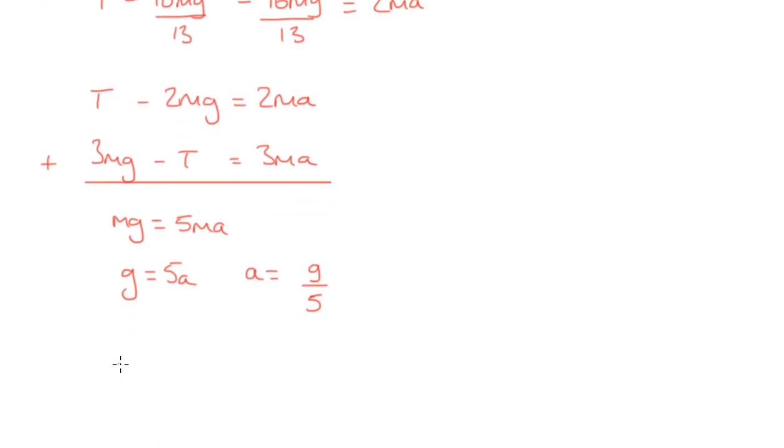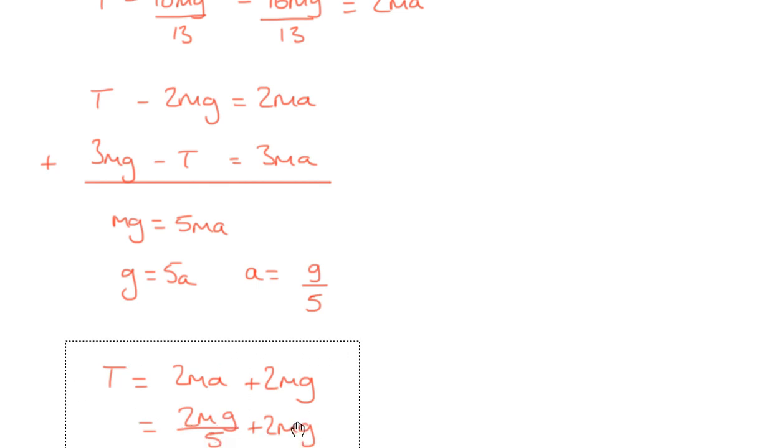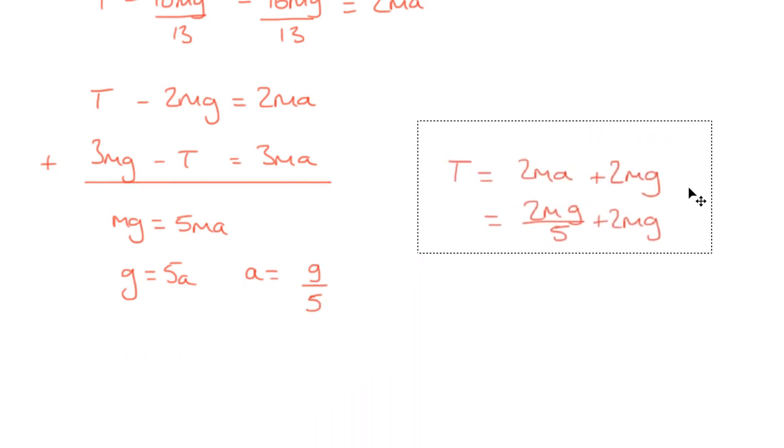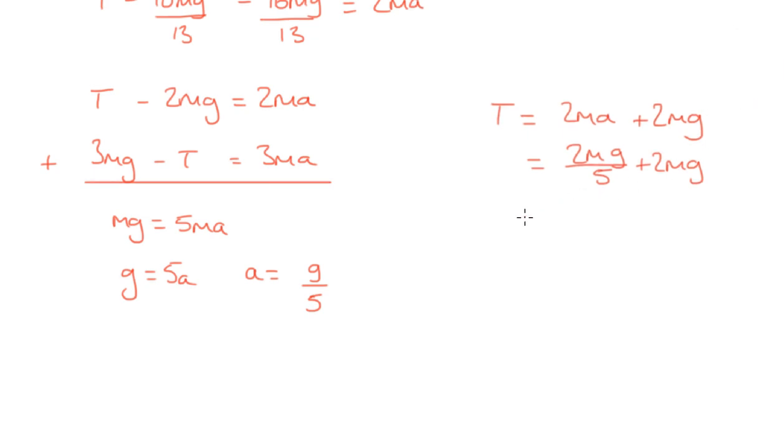So we're nearly there. T is equal to 2ma plus 2mg, but I now know a is g over 5. And if I add them together, just bring that up here so I've got some space.